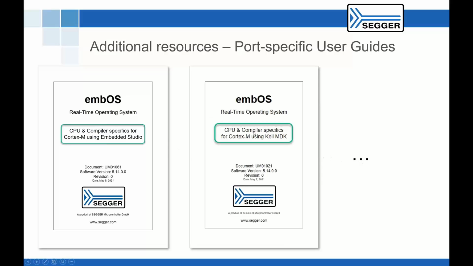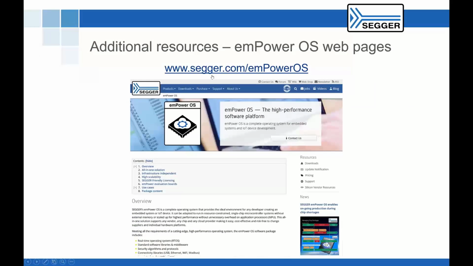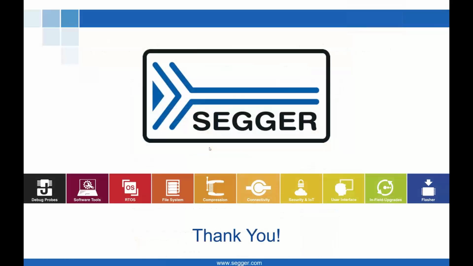Obviously, there's one for every one of the 80+ ports. We also have a wiki page on embOS that has some nice information. And particularly interesting is, if you feel like migrating from FreeRTOS to embOS, we have a migration guide there for that. And obviously emPower OS also has a section on our website that you can look at.